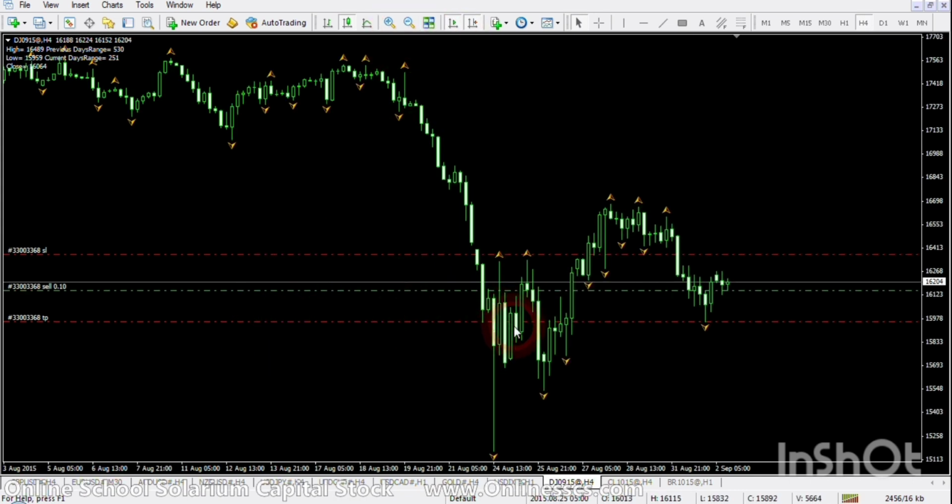How much time will the candle be validated? This blue zone. This candle has been finished here. Until the time that the price can pass this shadow, it has validation.